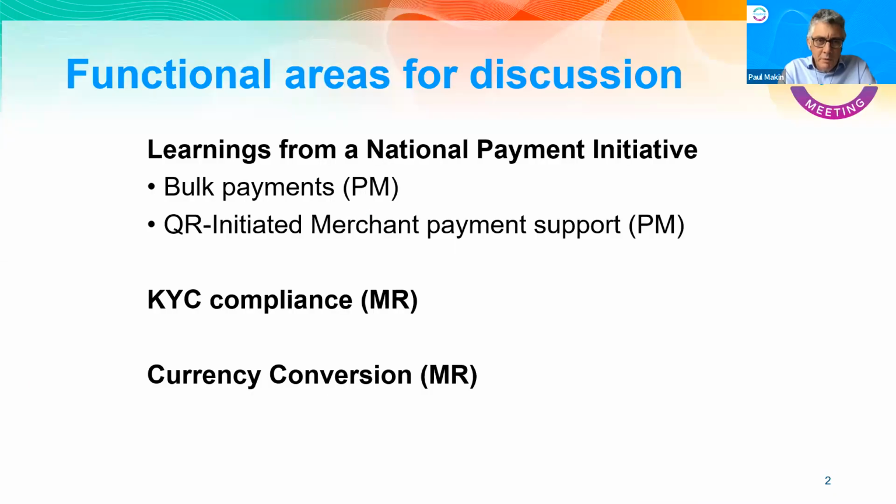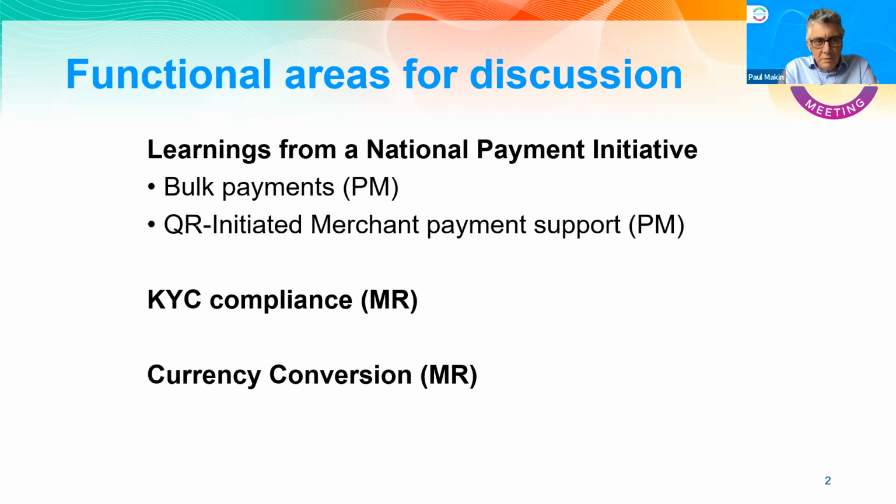Okay, thank you, Michael. So we're actually going to cover 4 areas today. I'm going to talk about some learnings from a national payment initiative. It was interesting in the previous session to hear Michael talking about 222 and some of the work that we've been doing in that area, and that all is related to this national payment initiative.